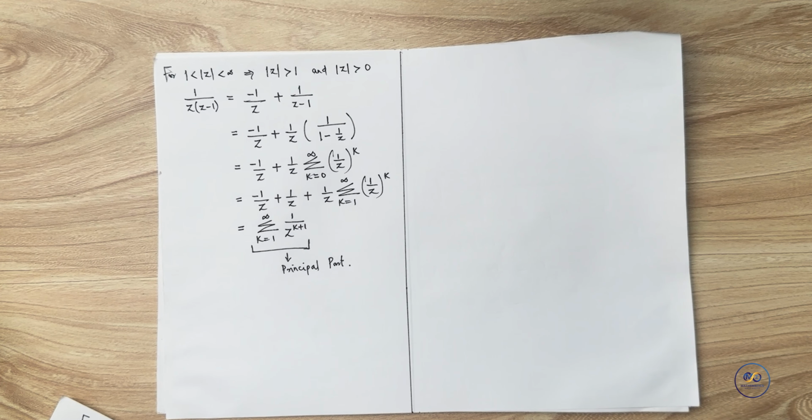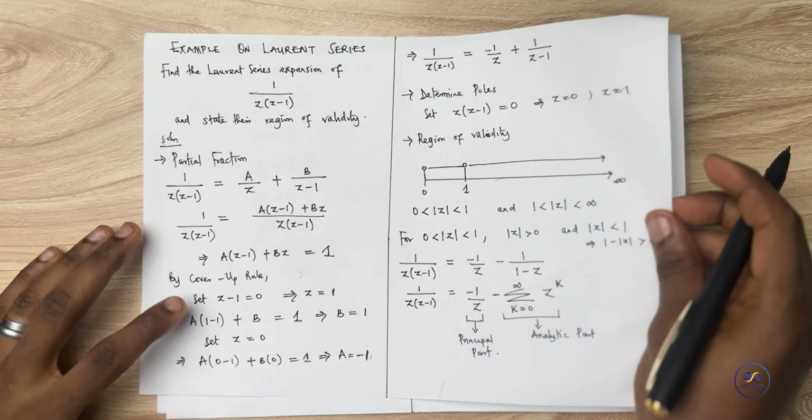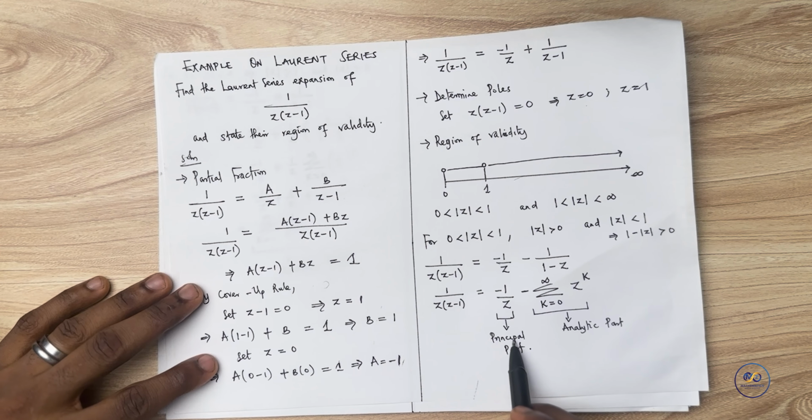Another thing that is also very, very interesting to keep in mind or to note is that you will realize that when you sum up the series form in both regions, you would have the series notation from k starting from minus infinity to plus infinity, right? Because if you notice, the first one we did, we had just one part of the principal part. This is when k is equal to 1.